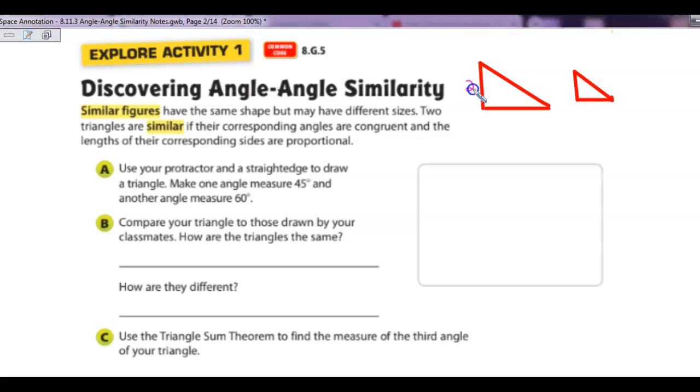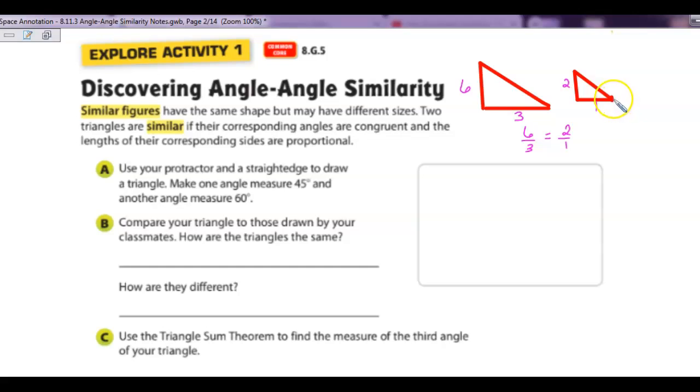If this is 6 and this was 2, and if this is 1, then this would have been 3. So these are proportional because 2 to 1 is equal to 6 to 3. Because they were proportional, then these were similar triangles. Okay, do you remember that?